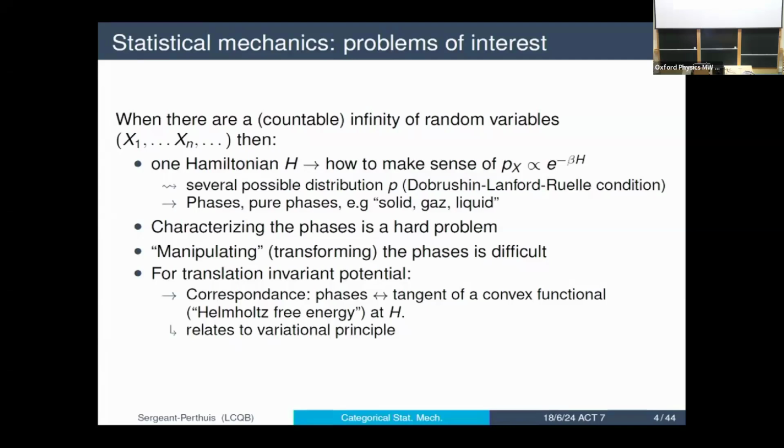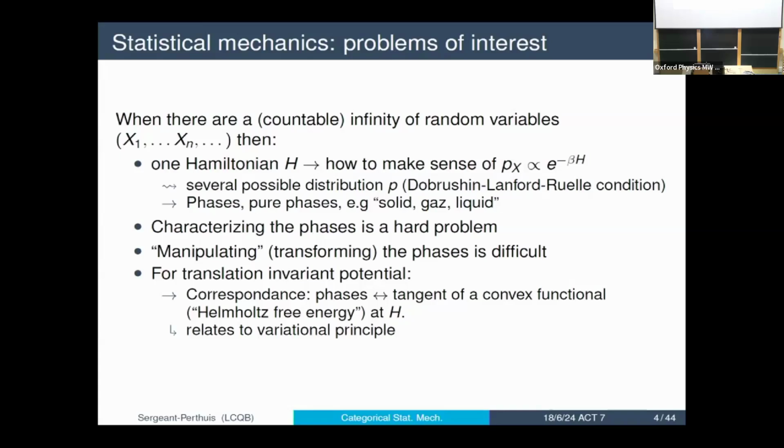This is very non-compositional. If you want to work with phases by changing the Hamiltonian, it's difficult because you don't control it. You do, however, have precise descriptions of how Hamiltonians are related to distributions through an optimization problem called the variational principle, but it only works for invariant potentials.